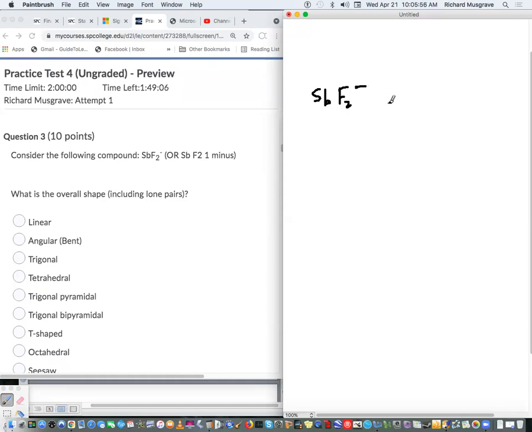Now, the first thing we want to do is get the valence electrons for that, which is going to be 5 plus 2 times 7 plus 1, which is 20.